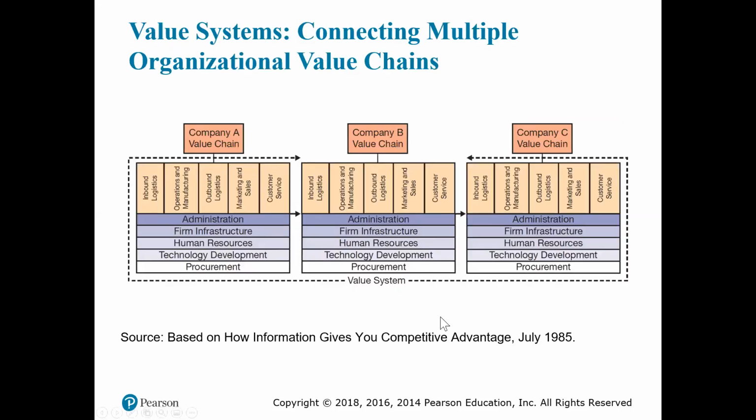And here, the figure represents the value system, which is simply an aggregate of multiple organizational value chains. Companies purchase goods and services from other companies and often sell to other companies as well, right? Multiple organizations working together form a value system.